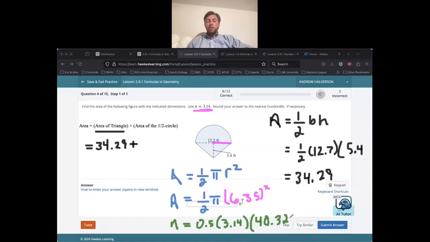Carry it all, don't drop anything yet. Round at the end. And now we multiply. This gives me 63.31. That's the area of the half circle.